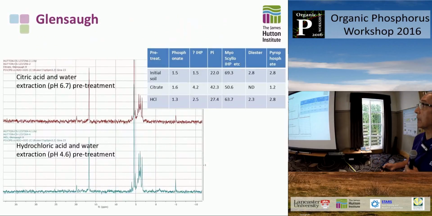Same for the Glen soil, although in this case we see an actual decrease in the amount of inositol hexaphosphate or the esters being taken out here. So this soil behaves a little bit differently.